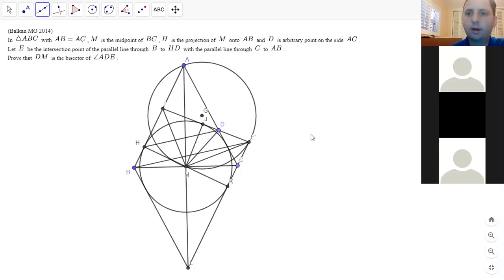So yeah, I'm reading Hakan's proof. I'm not sure how he gets MB over MI. Let's see. Well, if sine MIB. Oh, okay. That makes sense.